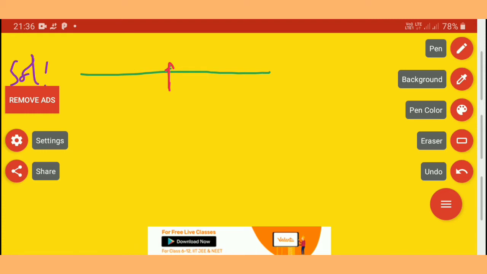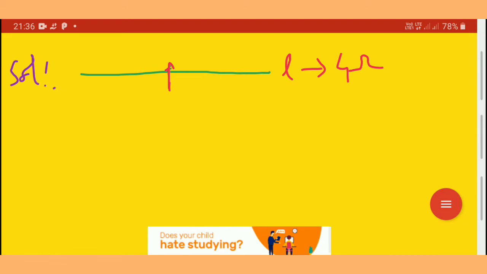For L length, the resistance is 4 ohm, as given in the problem. And this is L by 2 and this is L by 2.